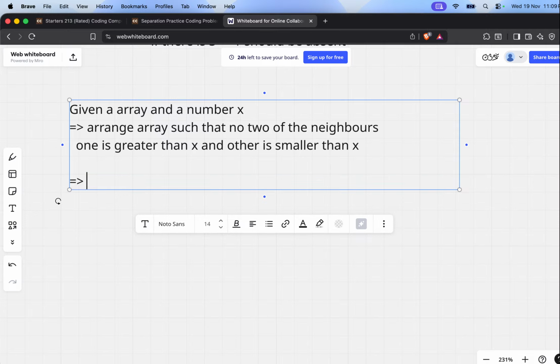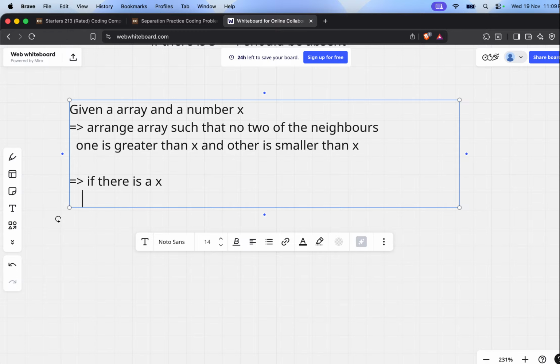So what are the possible arrangements? Note that one is strictly greater than x and the other is strictly smaller than x. So if there is an x, put x in the middle, the smaller numbers on the left, and the greater numbers on the right.